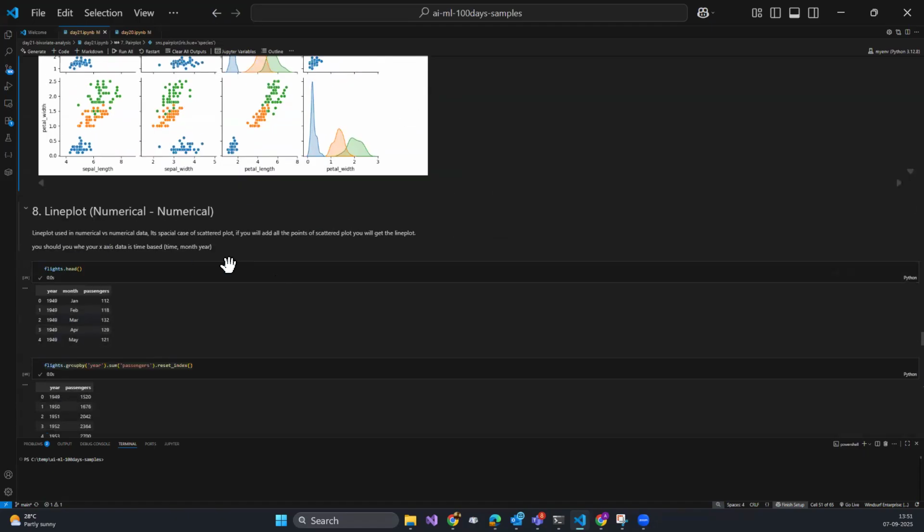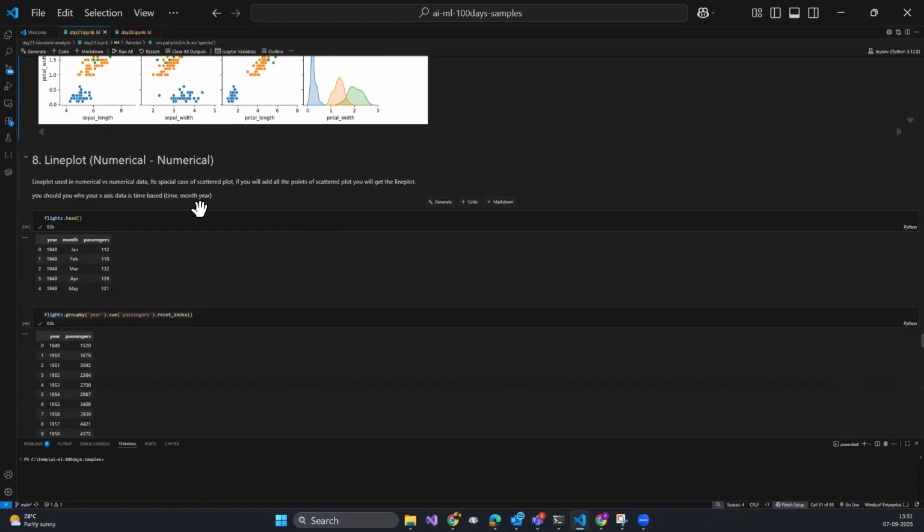Again, this is a line plot. It's numerical to numerical itself. So a line plot is used for numerical to numerical data, and it's a special case of a scatter plot. If you add all the points of this scatter plot, you will get that line plot.